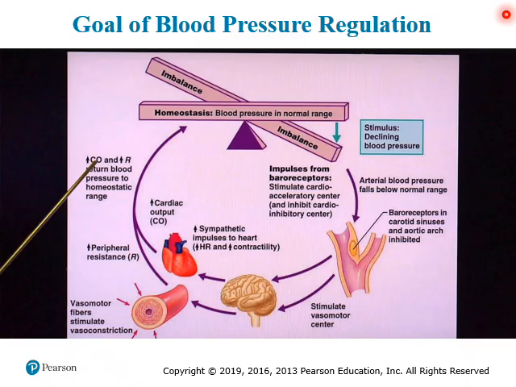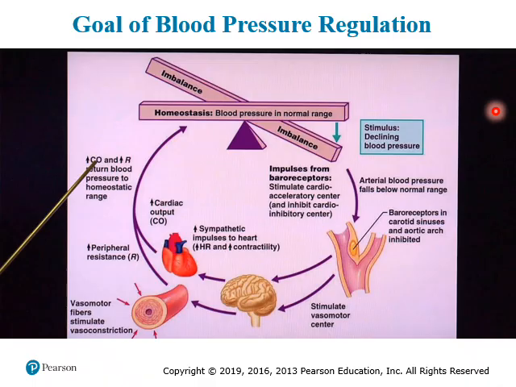The goal of blood pressure is to keep the blood pressure high enough to provide adequate tissue perfusion, but not so high that blood vessels are going to be damaged. For example, if blood pressure to the brain is too low, perfusion is inadequate and the person would lose consciousness.